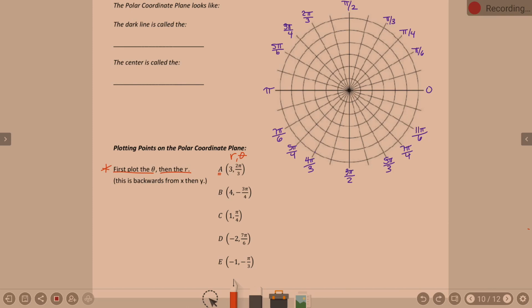Or you count out how many rings? 3 rings. Each ring has a unit of 1. So I'm going to be on the 2 pi over 3, and I'm going to count out 1, 2, 3 rings. That is point A. Are we okay with that?